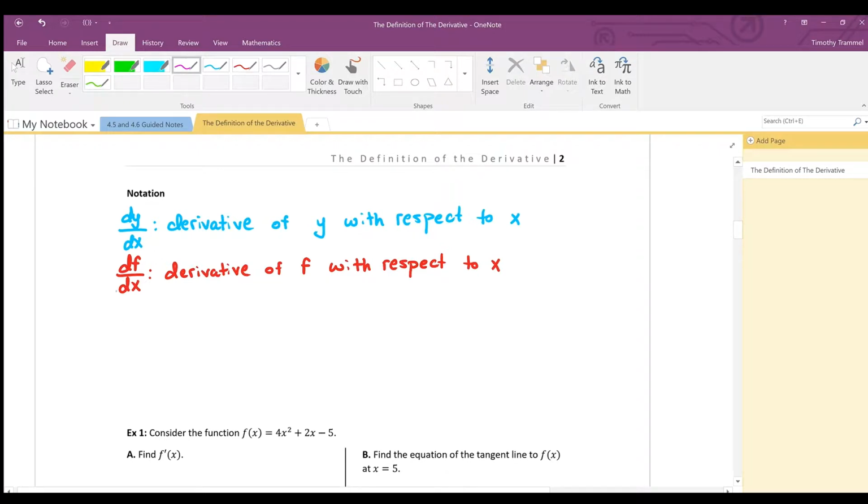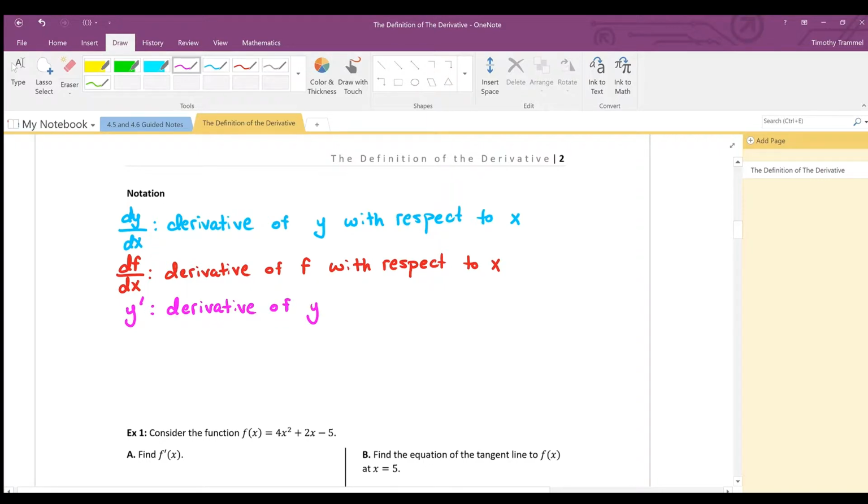Next on our list, we have f prime or y prime of x, depending on which notation we're using. Let's start off with maybe y prime. This is the derivative of y.